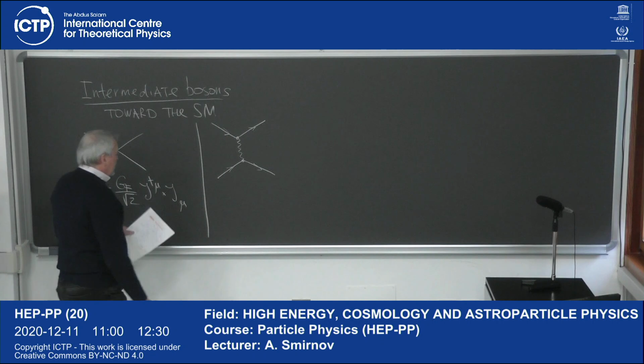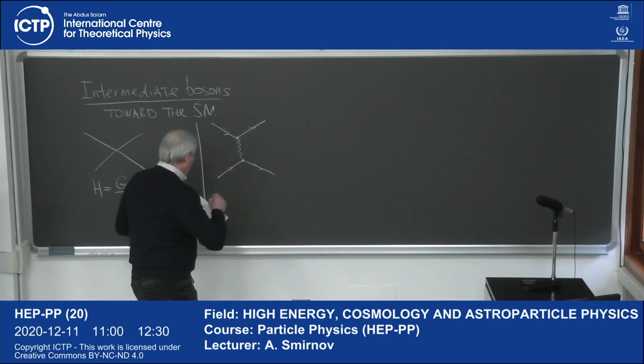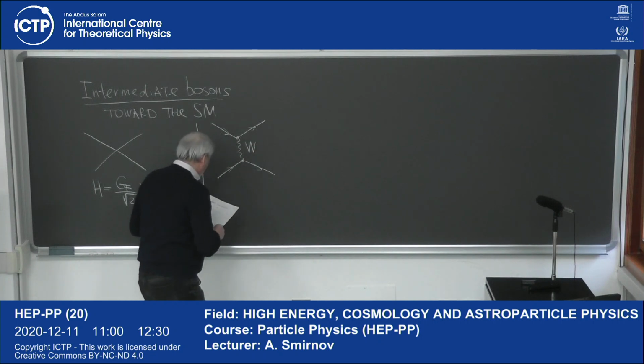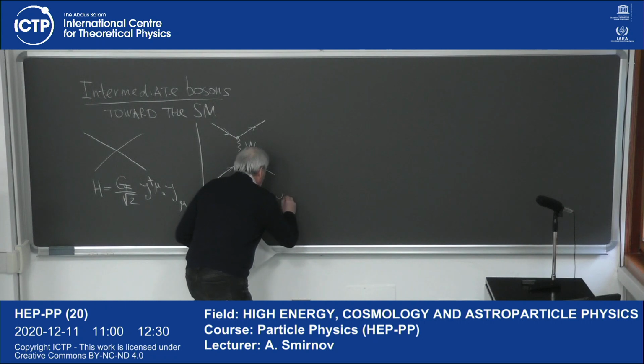To describe this process, you need to introduce now elementary couplings of the W boson with fermions, or with currents, and in this case the Hamiltonian is given by g over 2 square root of 2, and then the product of the current and the W boson. So that's the interaction, plus Hermitian conjugate.